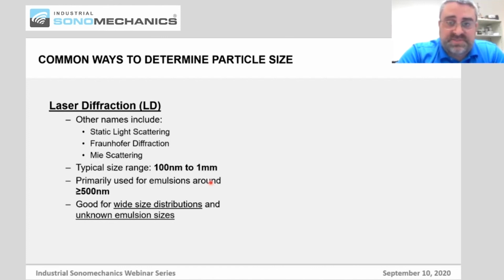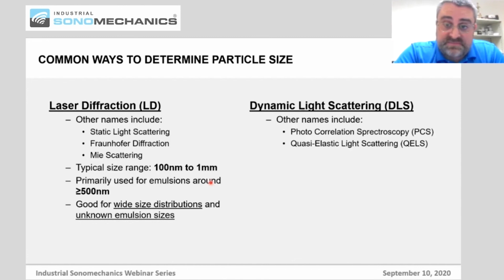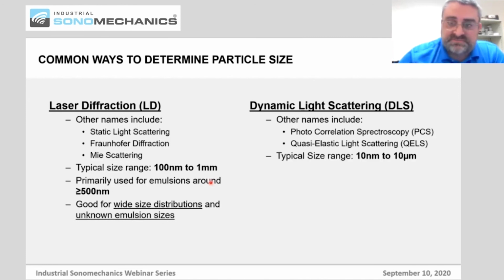The other technique I'm going to discuss is dynamic light scattering. Dynamic light scattering is a nanosizing technique. It also uses light scattering. Other terms or names for this technique are photon correlation spectroscopy or quasi-elastic light scattering. The typical range for this technique is just under 10 nanometers up to about 10 microns.